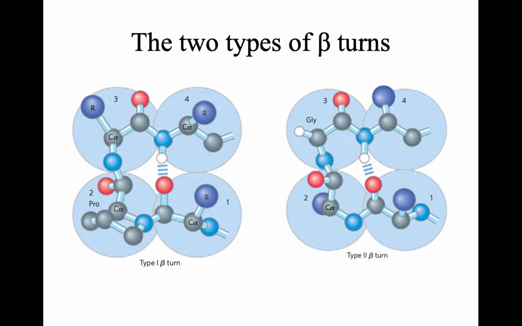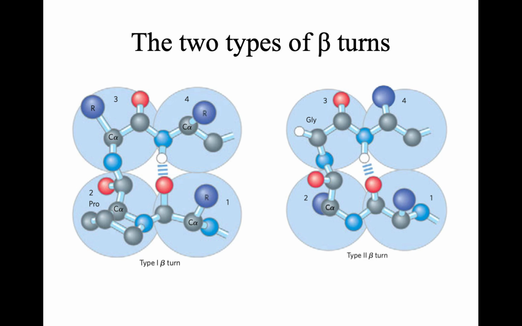And for the type 2 beta turn, for the second amino acid residue, the phi angle is minus 60 degree, whereas the psi angle is around plus 120 degree. For the third amino acid residue, the phi angle is minus 80 degree and the psi angle is 0 degree.